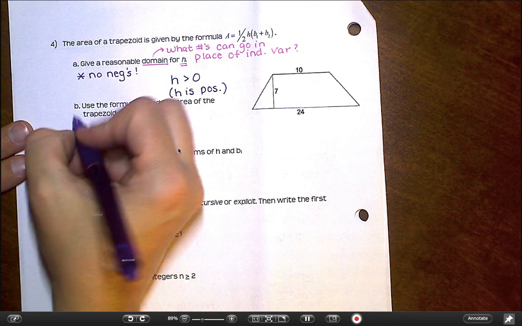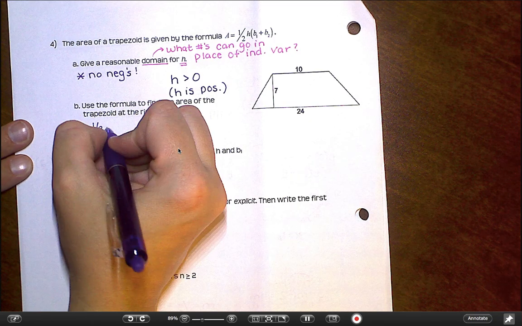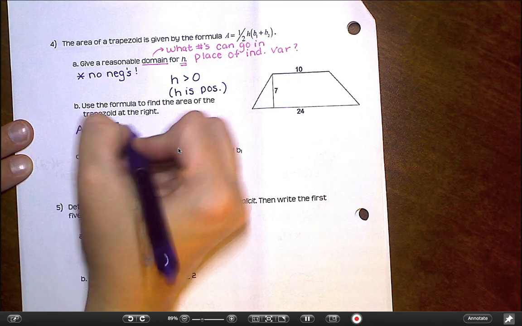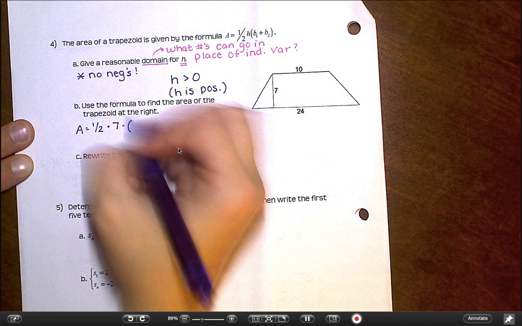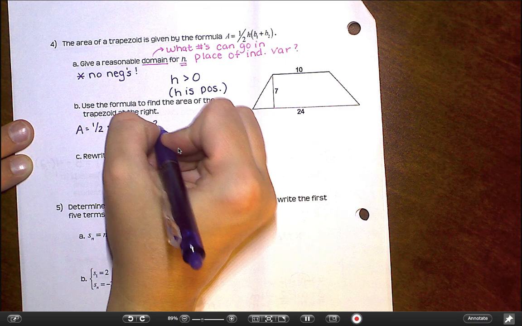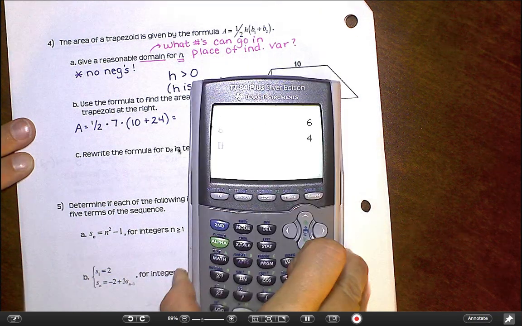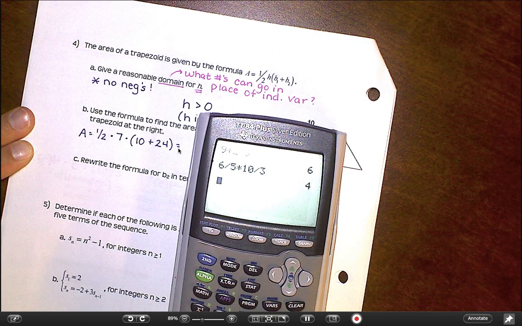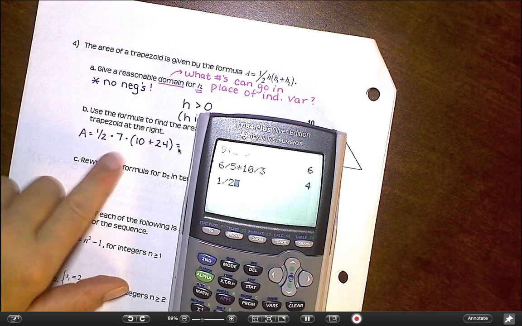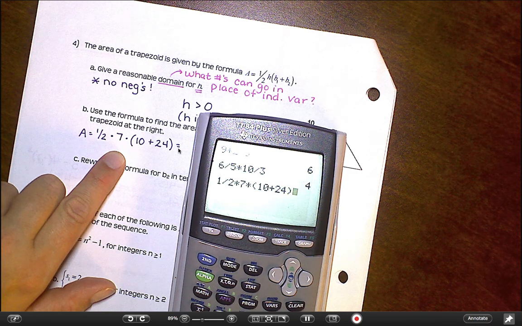So I'm going to do 1/2 times my height of 7 times B1 plus B2. And just so we can be clear on how that's being typed into the calculator, I would go 1/2 or 0.5 would be fine, times 7 times parentheses 10 plus 24.